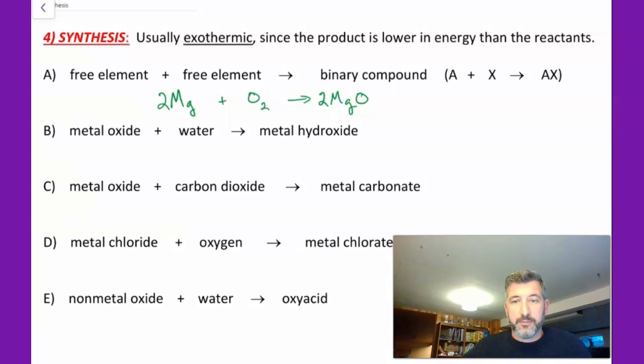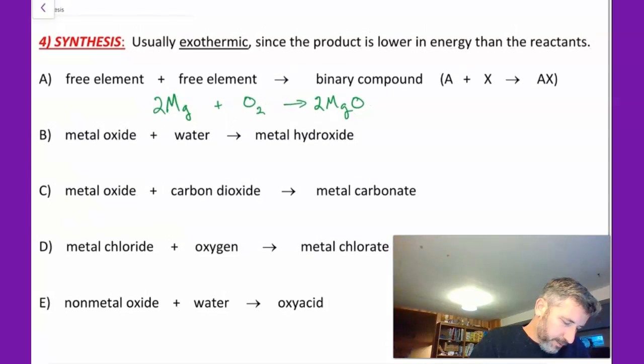So that's free element, meaning a pure element, plus another free element gives us a binary compound, binary meaning two elements in it. Okay, the next type is metal oxide plus water yields metal hydroxide. A metal oxide is just exactly what it sounds like. It's a metal paired with oxygen.